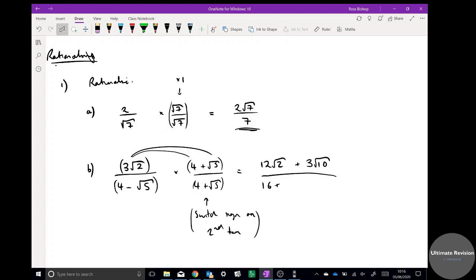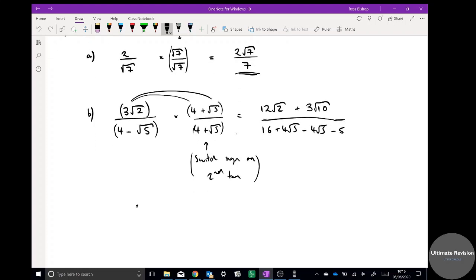Then plus, you can probably see that they're going to cancel out, minus 4 root 5, and finally we've got minus root 5 times positive root 5, which is minus 5. Now if I group those together on the bottom, those 2 cancel, we end up with 11 on the bottom. Can you simplify it further? I don't think you can. That would be our answer.